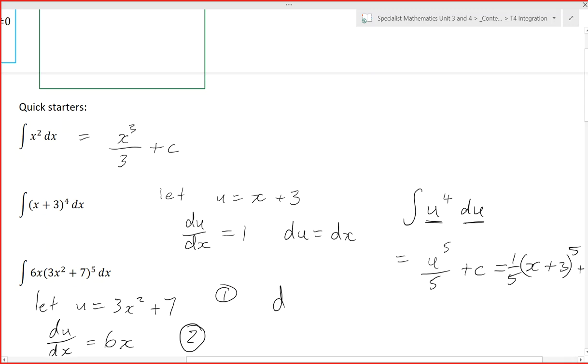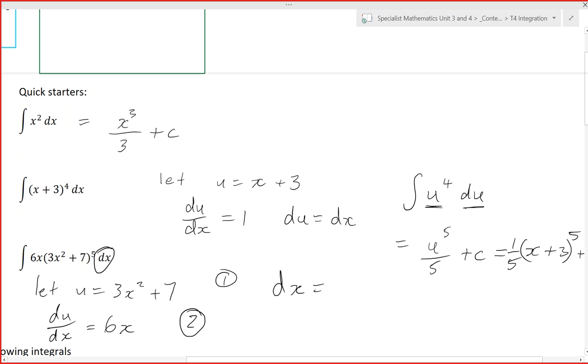We want to get dx by itself. Because we're going to substitute the dx stuff into there. Okay? So rearrange this. So dx we bring up the top and divide by the 6x.